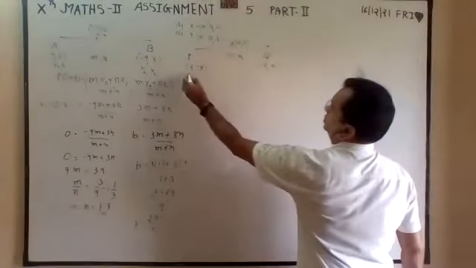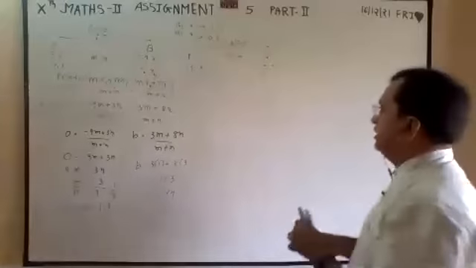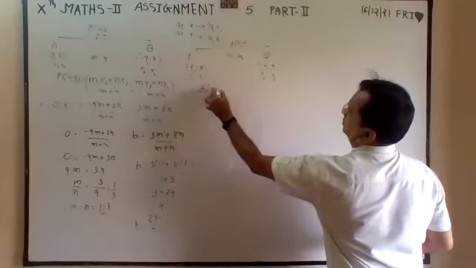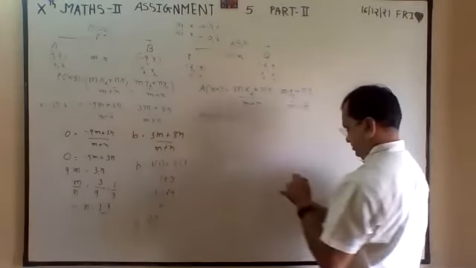So this is x1, y1, x2, y2. Now again the same, point formula: mx2 plus nx1 by m plus n, m by 2, n by 1. Now this is A0.